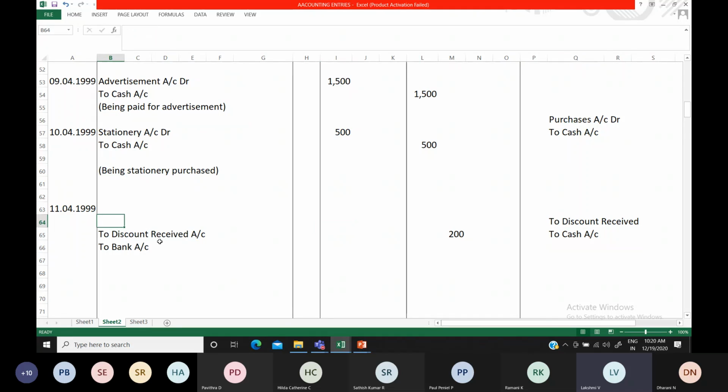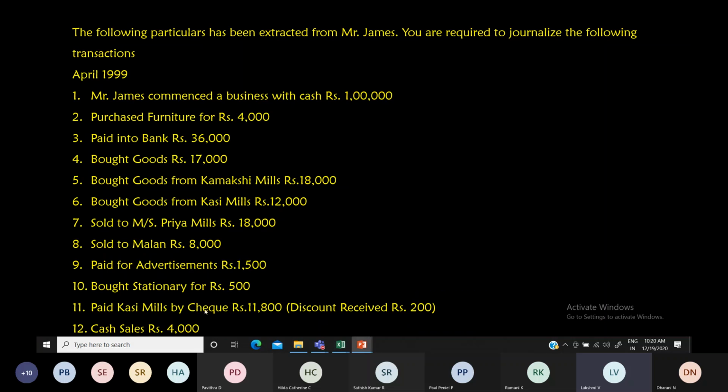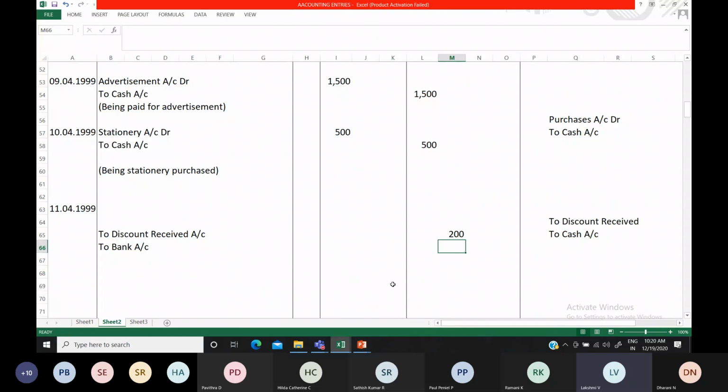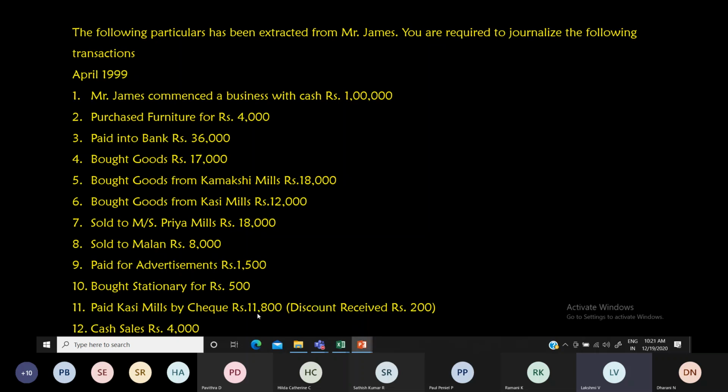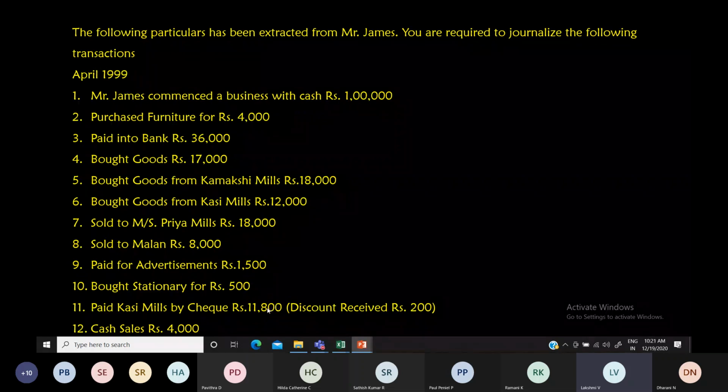So how much am I actually paying him? 11,800. Usually students get confused in recording that amount, how much I have to debit here, how much I have to credit here. This confusion usually takes place for all students. So for clarity, the discount received is 200, and whatever amount we actually pay or receive, that amount they will be giving here.